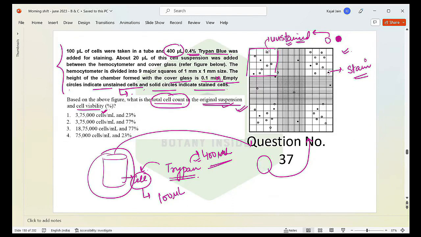Before jumping into the calculation, did you understand the question? Is the question clear to everyone, what the question is asking you? Yes. Did you understand the question, everyone, till here?